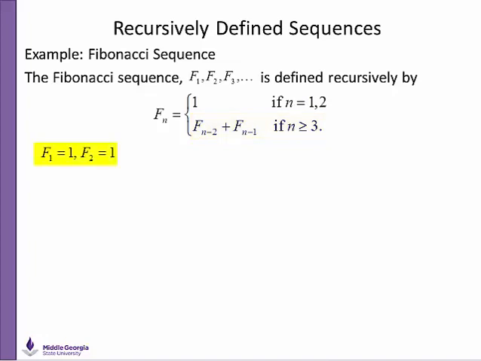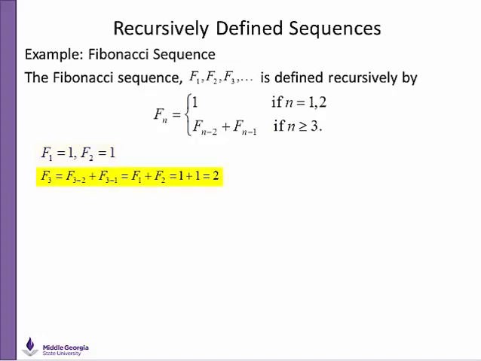So, using the initial values in the top line of the definition of the sequence, we have f sub 1 equals 1 and f sub 2 equals 1. You see that when n is 1 and n is 2, we get 1.